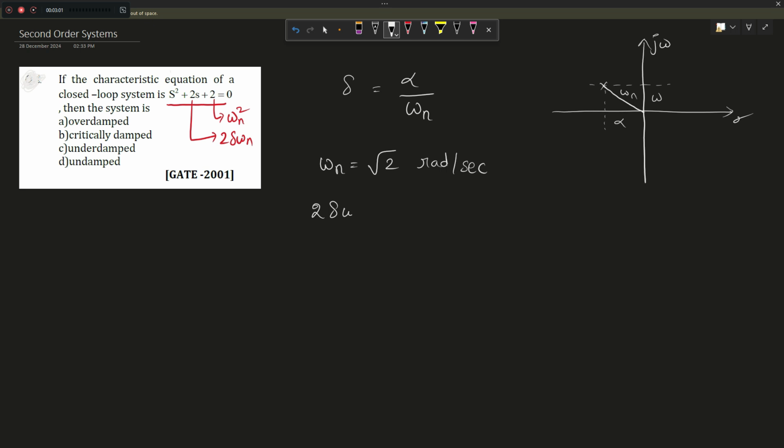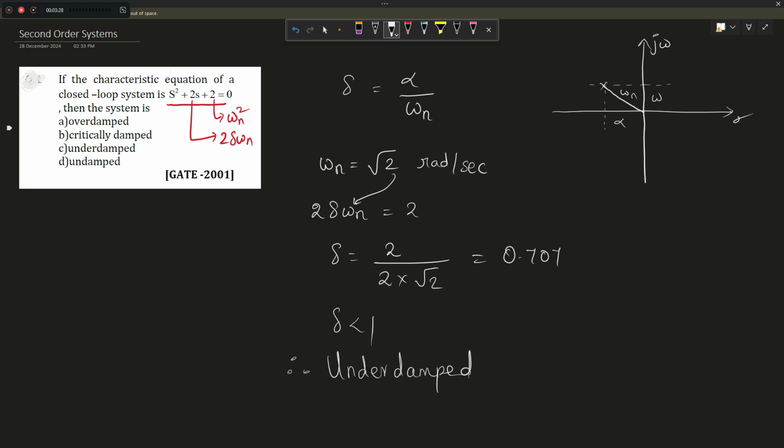Therefore, by comparing the coefficients, we can find out the value of delta. Delta is equal to 2 divided by 2 into root 2, which is 0.707. This is less than 1. Therefore, this is an underdamped system. The correct answer is option C.